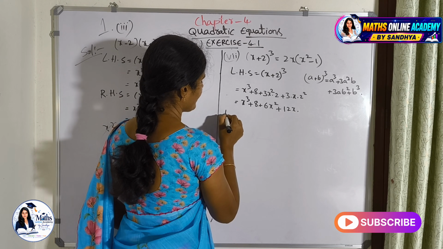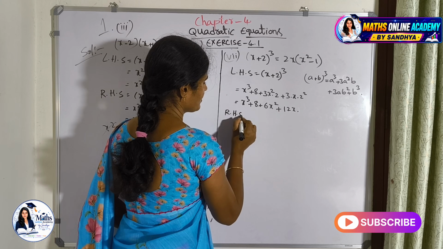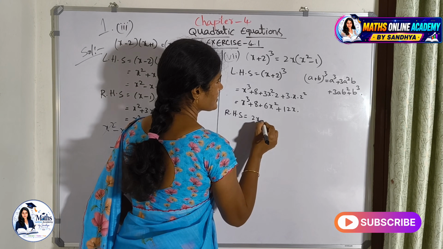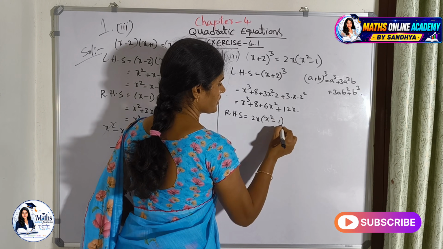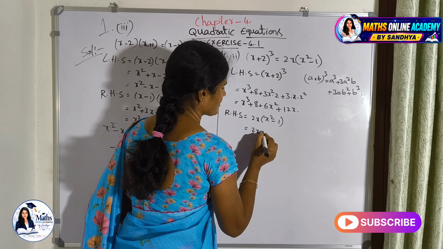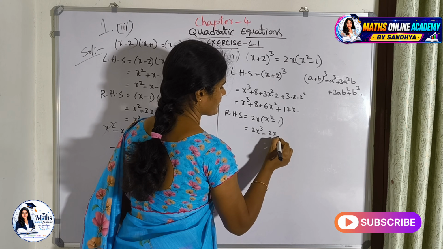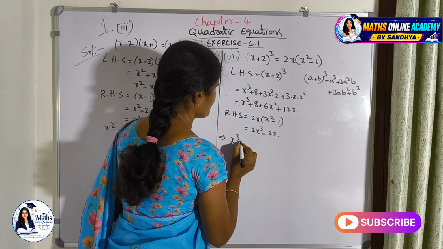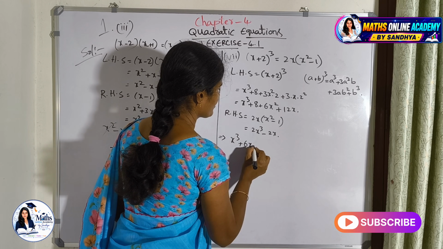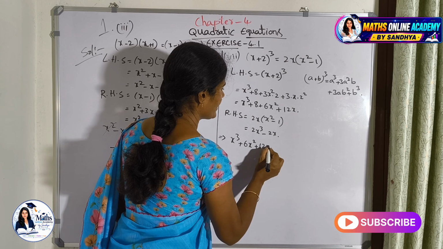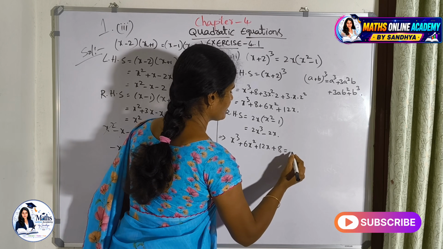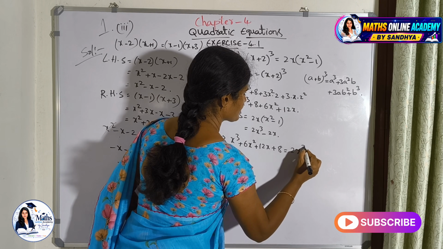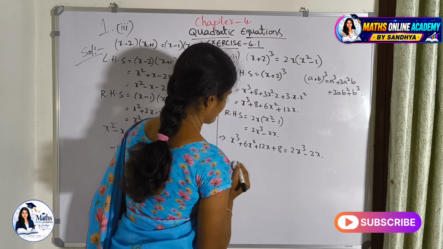Write down next, RHS equal to 2x into x square minus 1, 2x cube minus 2x. Let's take both are equal. x cube plus 6x square plus 12x plus 8 equal to 2x cube minus 2x.